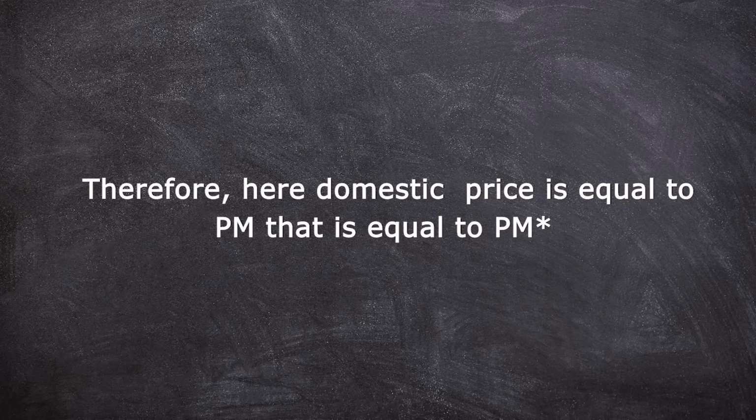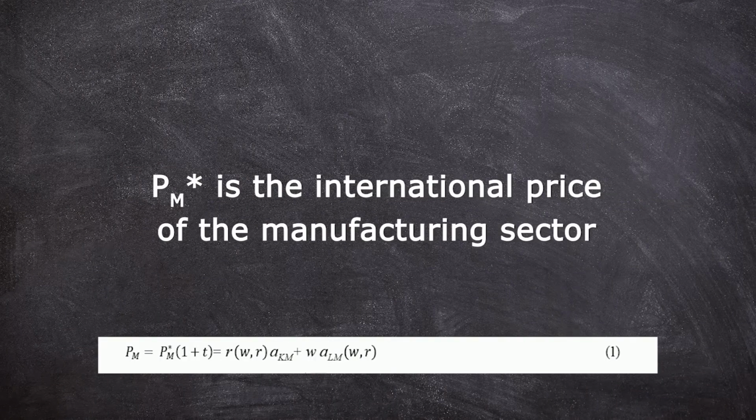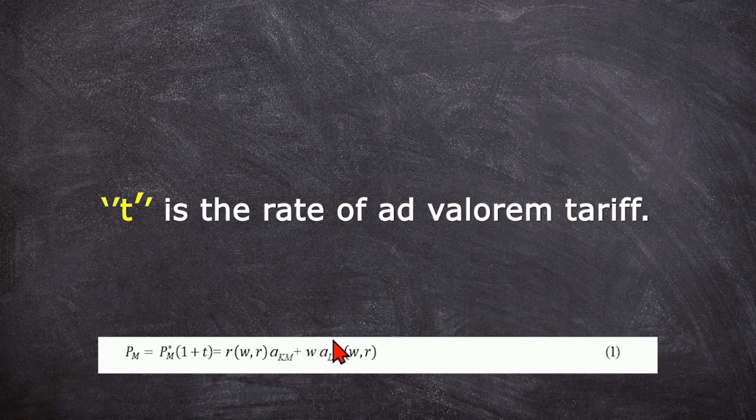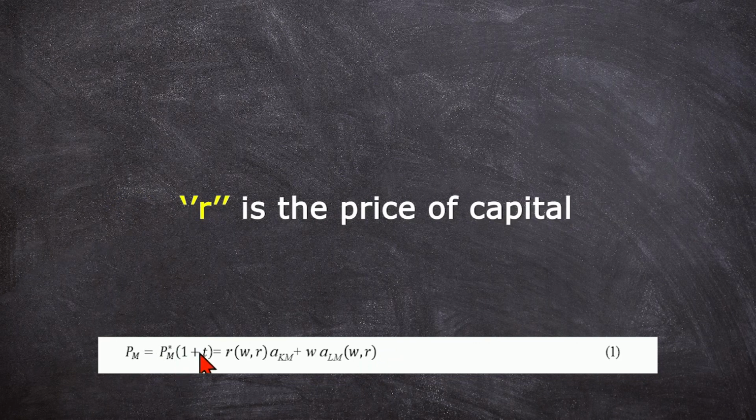Therefore, here the domestic price PM is equal to PM star, the international price of the manufacturing sector, into 1 plus T, where T is the rate of ad valorem tariff. And this is equal to r, the price of capital, into AKM, plus W into ALM.